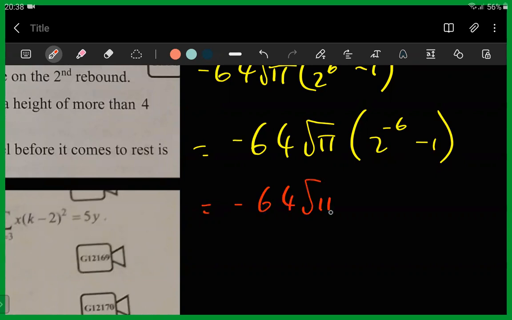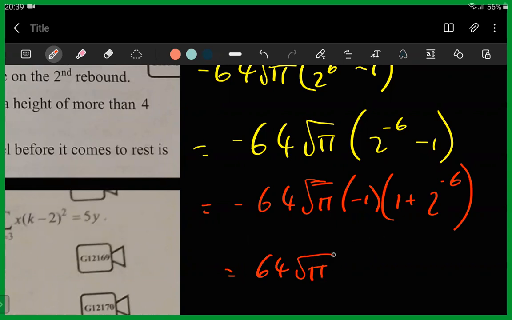But then here this becomes a negative value, this becomes a positive value. Do you see? Yes. And then this outside is just going to be 64 square root of pi, 1 plus 2 to the negative 6. There you go.